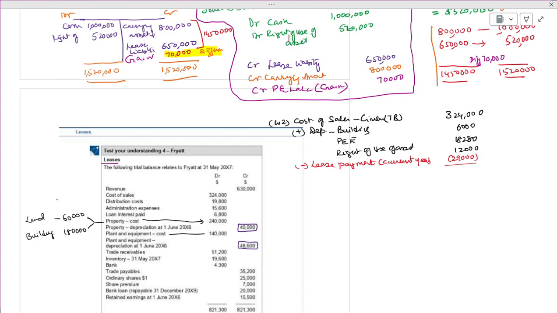How much will you get as the total here? 324 plus 6,000 plus 18,280 plus 12,000 minus 29,000. How much will you get? 324 plus 6,000 plus 18,280.